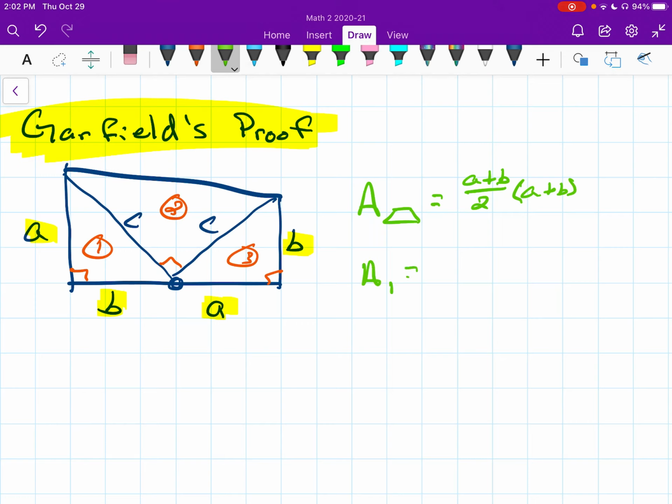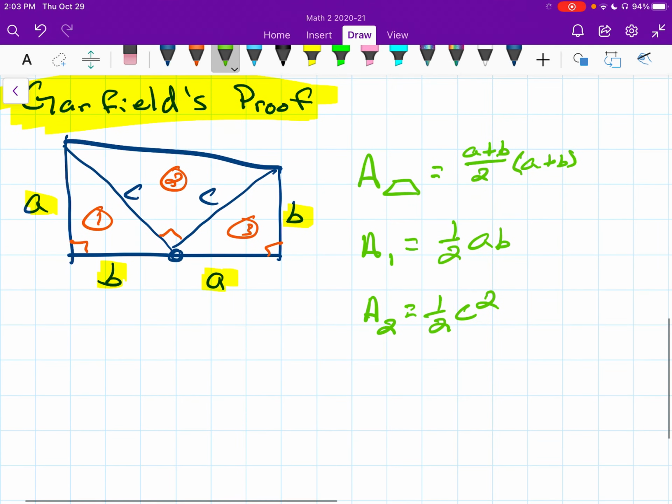The area of triangle 1 is going to be 1/2 a b, 1/2 base times height. The area of triangle number 2 is going to be 1/2 c squared, because its legs are both c. And the area of triangle number 3 is going to be, again, 1/2 a b.